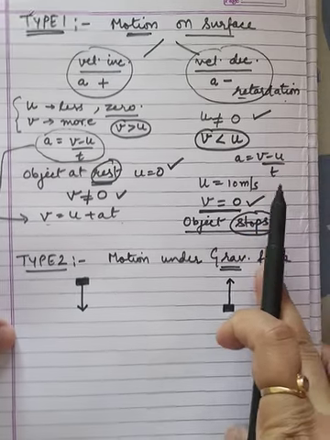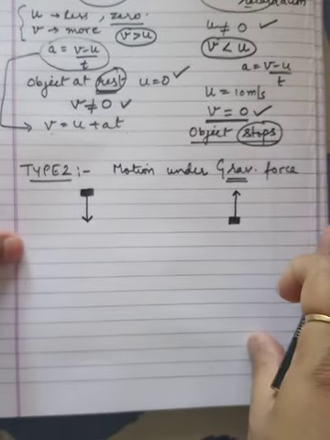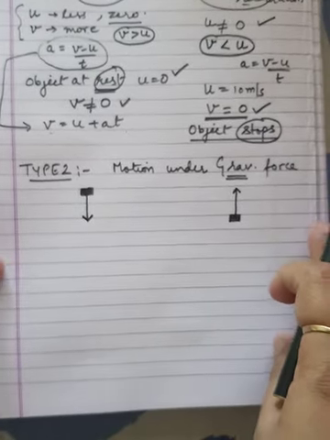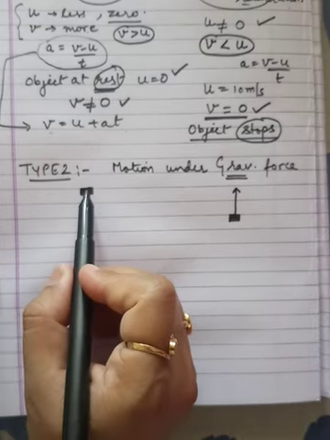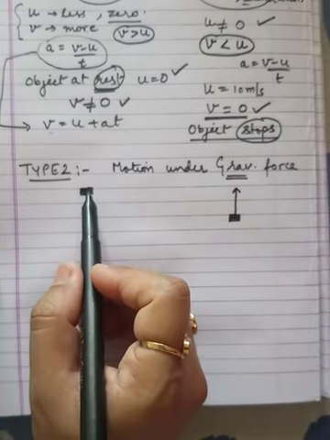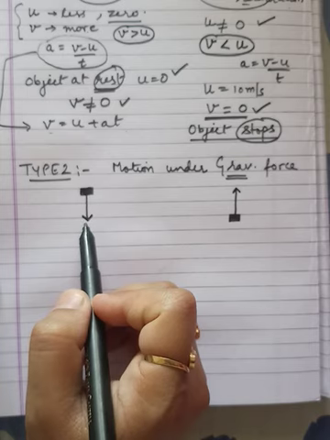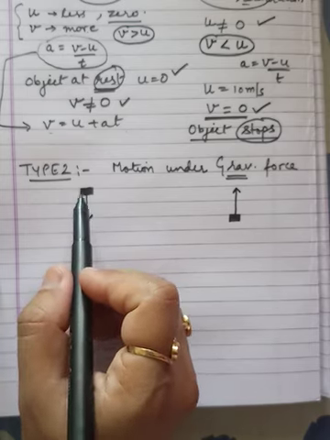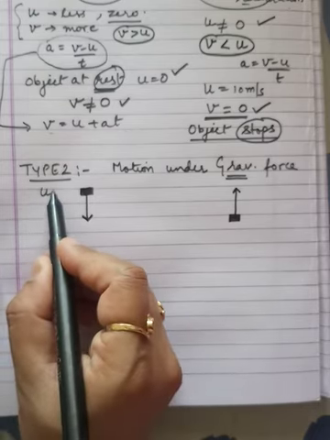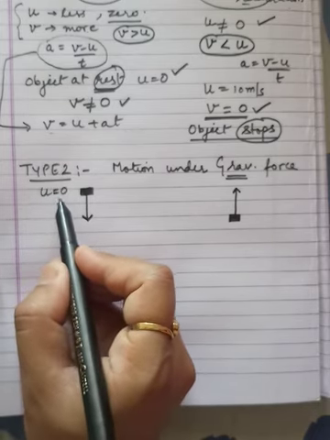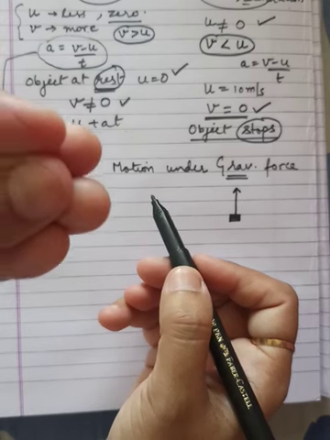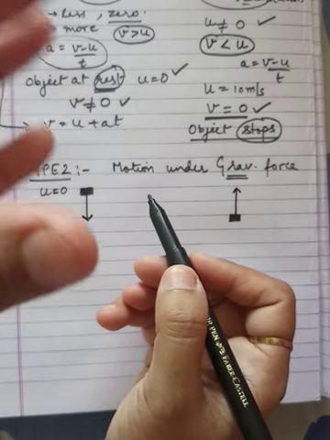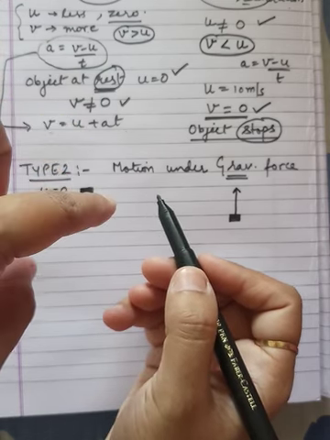Okay, so here what we need to keep in mind is that when an object is falling from a height above the surface of earth, then its initial velocity is always 0 because it starts from rest. Suppose I am holding some object in my hand and I am leaving the object, so the object will fall down.